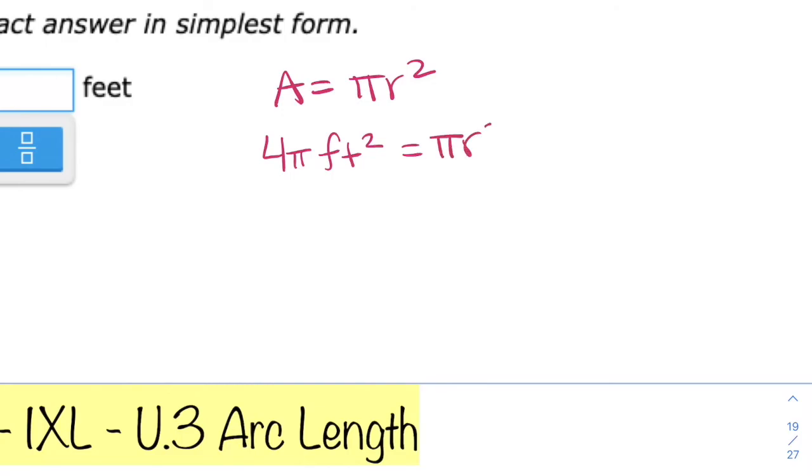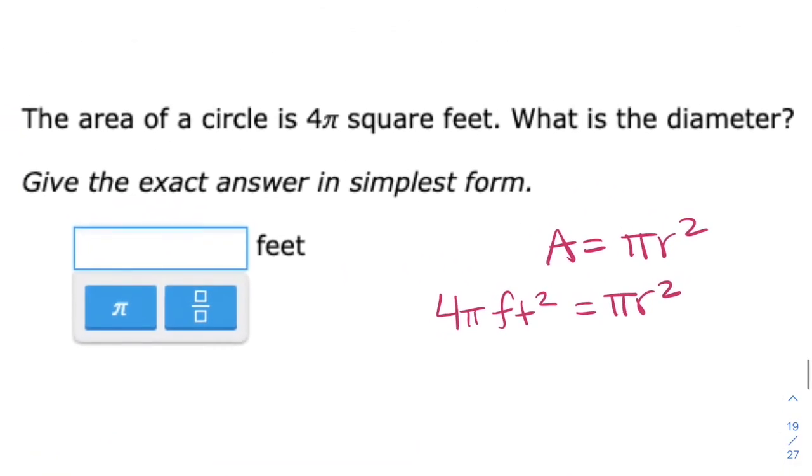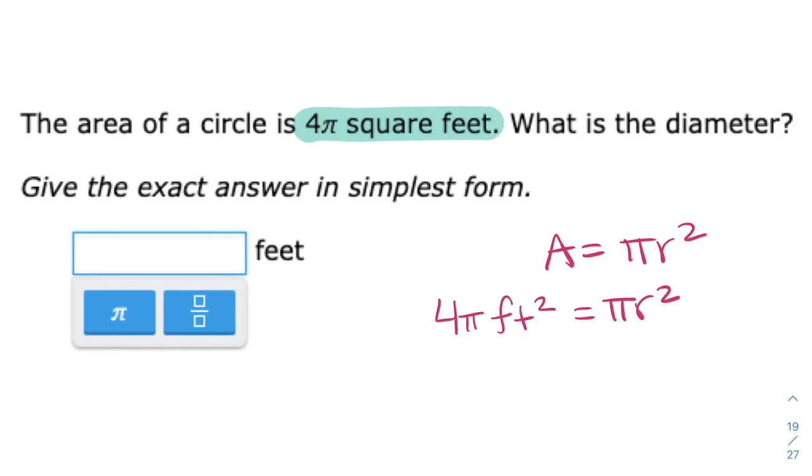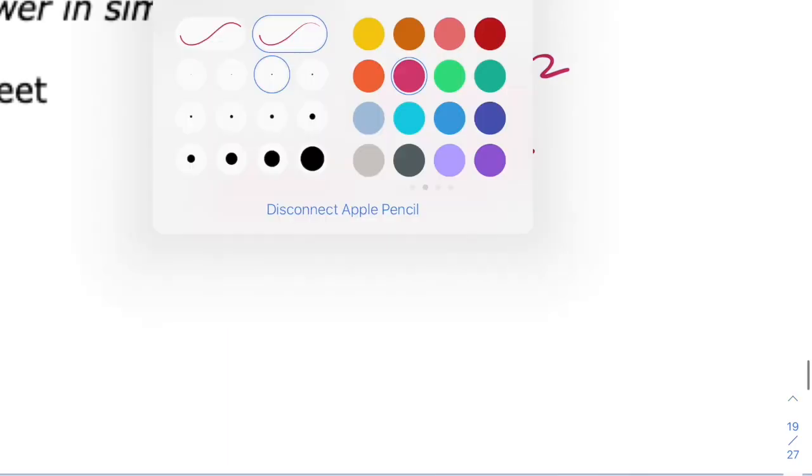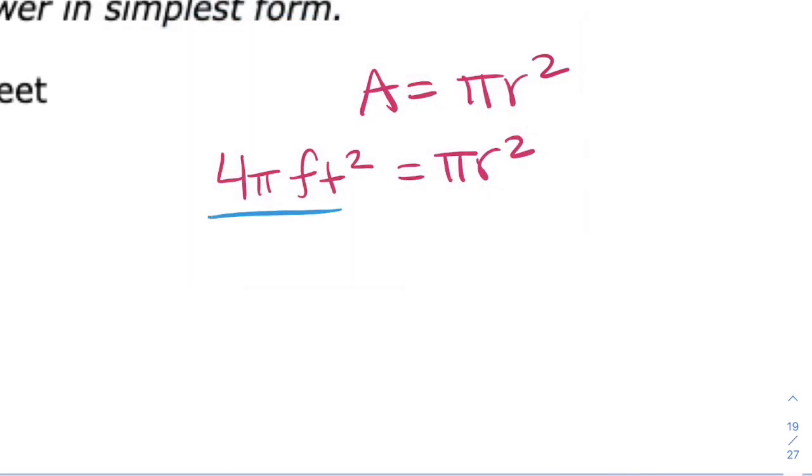Where did I get 4 pi square feet? It came from right here. So I'm going to divide both sides by pi. And we get 4 feet squared equals r squared.